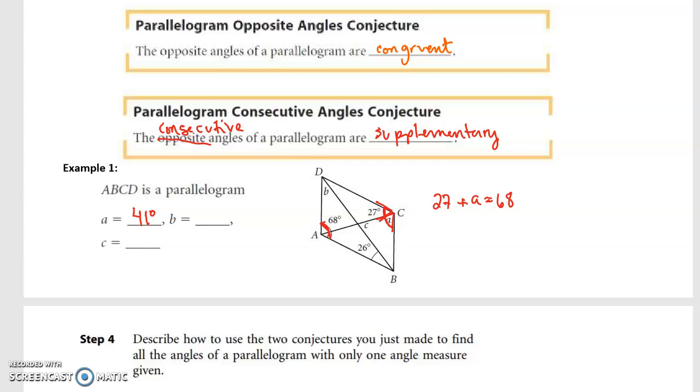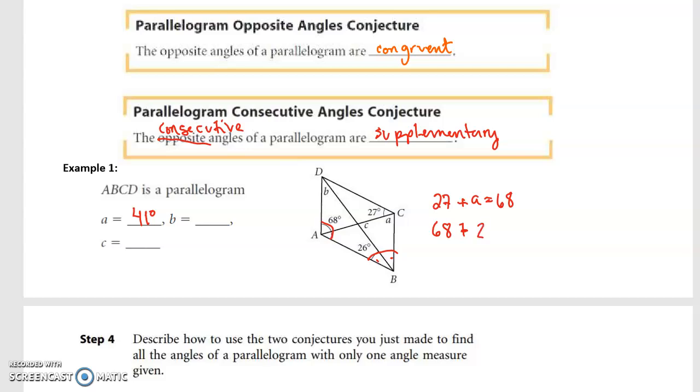So that's going to help me find A. The other thing that is going to help me is that we know the consecutive angles are supplementary. So this angle A plus this angle, angle B, is going to be 180 degrees. That means 68 plus, okay, this is 26 plus this little angle here.